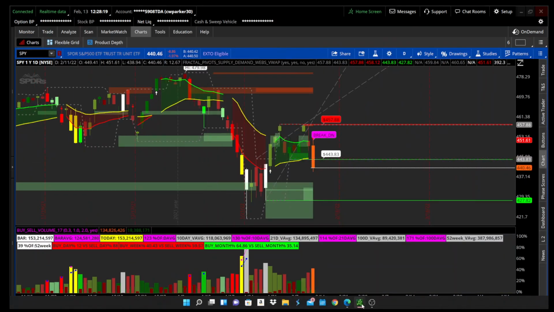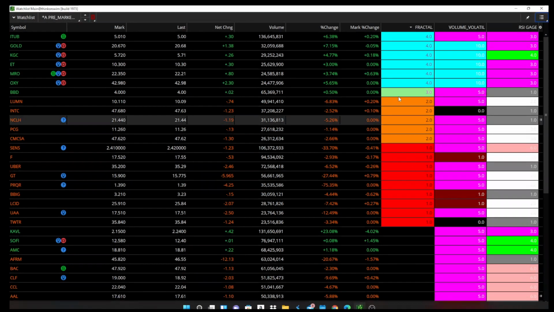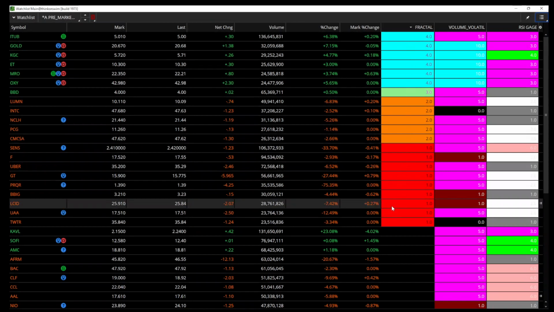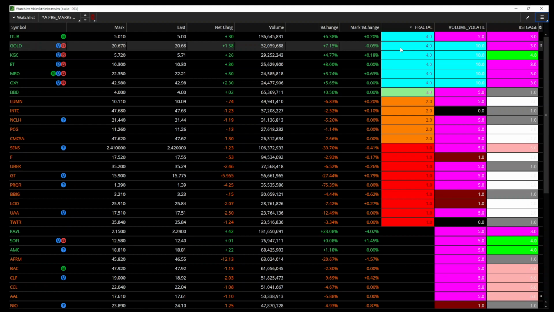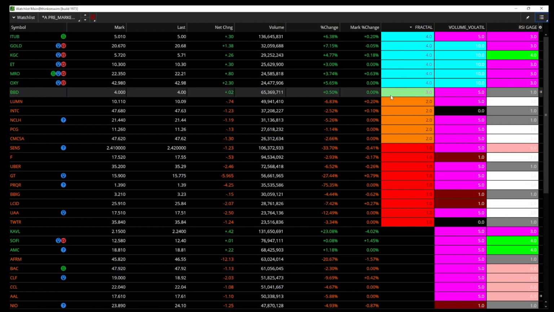Is the watch list column for it. So this is the fractal watch list column. And basically you get a cyan anytime there's a break above the supply line. And you'll get a green line anytime there's a creation of a new low demand zone.